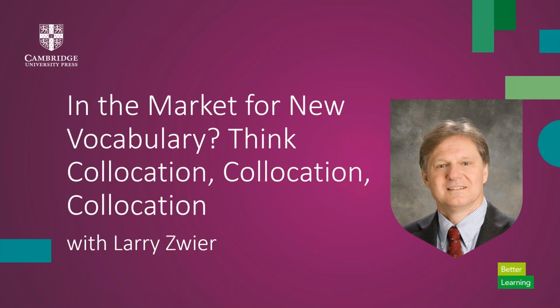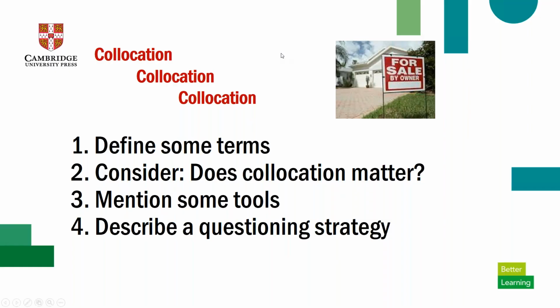Just a brief overview of what I hope to do today. You'll notice that for sale sign. First, I'll define some terms. I think you probably all have some familiarity with the basic vocabulary surrounding collocation, but we'll go through that. We'll do some basic consideration of whether collocation matters, and of course it does, and how.